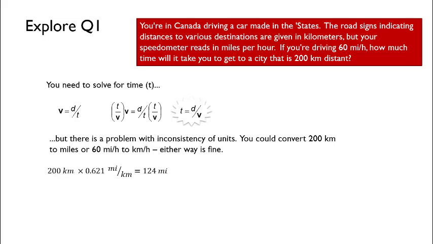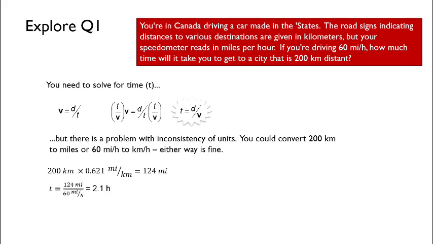I'll give you an example here where we convert 200 kilometers into 124 miles. Simply what we're doing is multiplying by the conversion factor that there are 0.621 miles in every kilometer. That being the case, the kilometers cancel out, and we're left with 124 miles total distance.